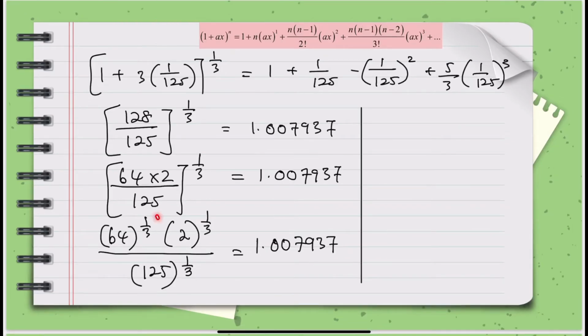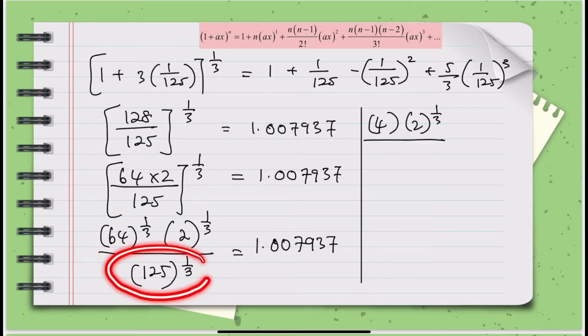Next, 64 to the power of 1 over 3 is 4, multiplied by 2 to the power of 1 over 3, over 1.5 to the power of 1 over 3, which is 5, equals 1.007937.